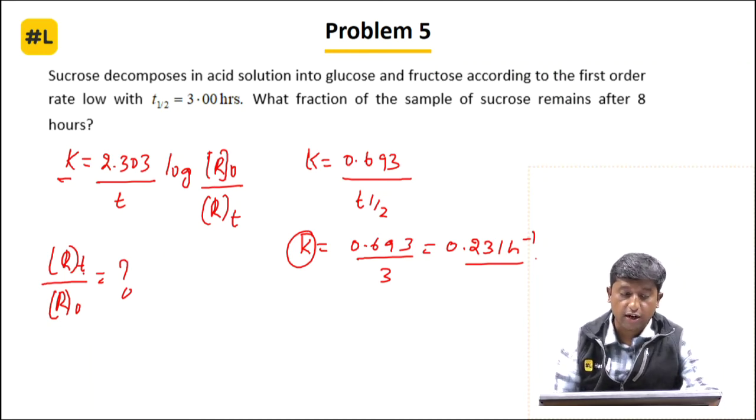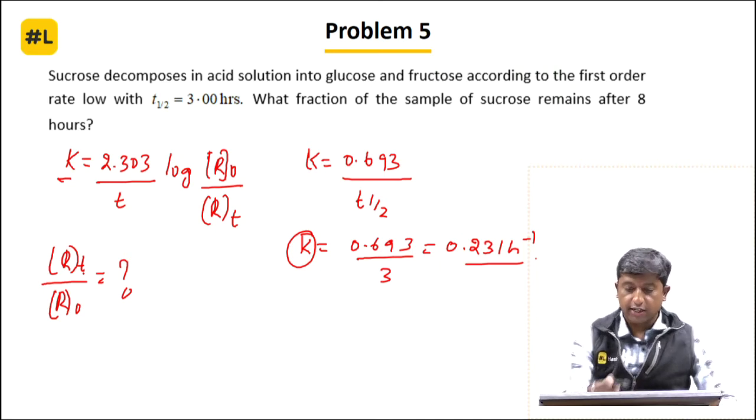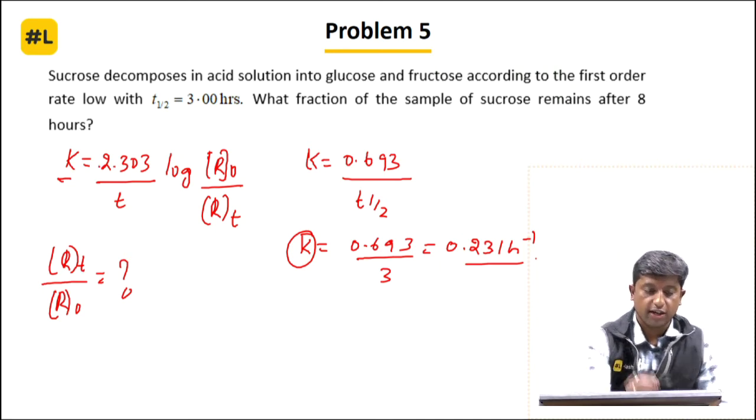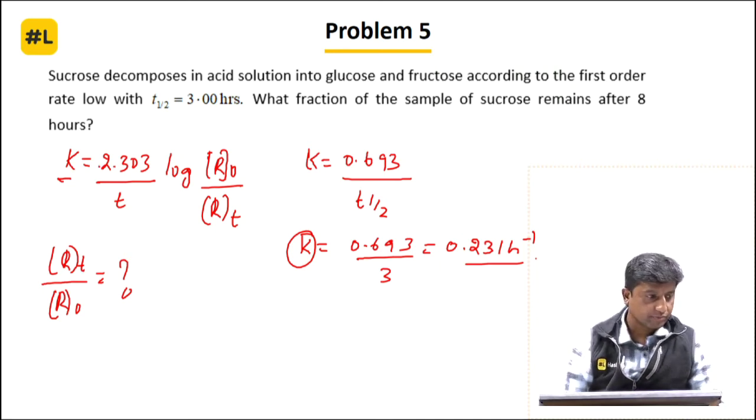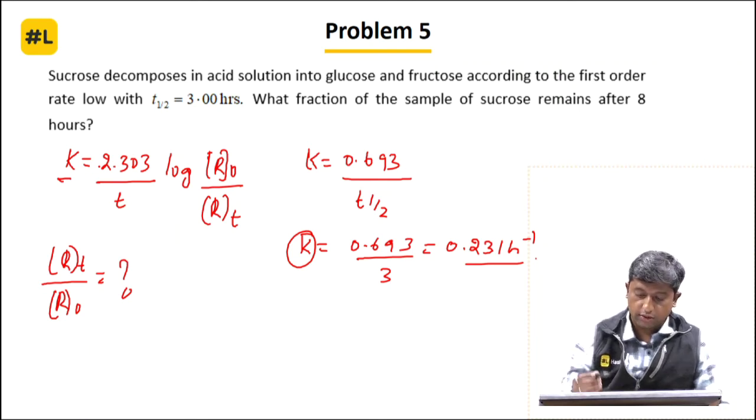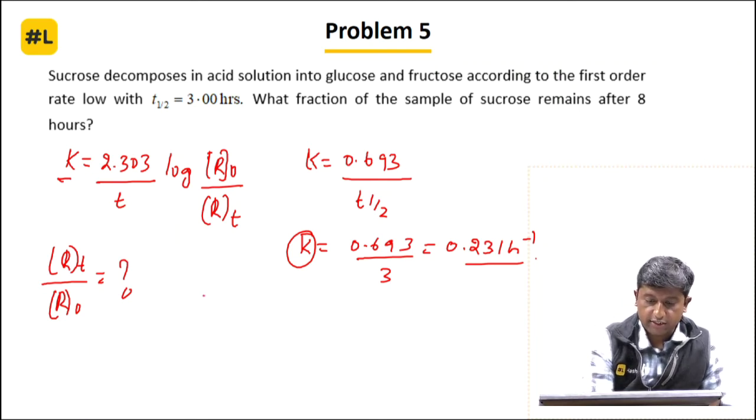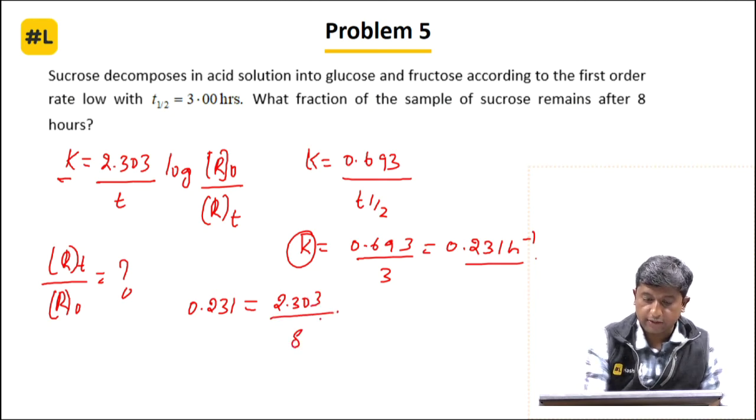That is the ratio of RT divided by R naught. Let us substitute the values in the formula, the first order rate equation. So, we know that the rate constant is 0.231, which will be equal to 2.303 divided by 8 into log of R naught by RT.